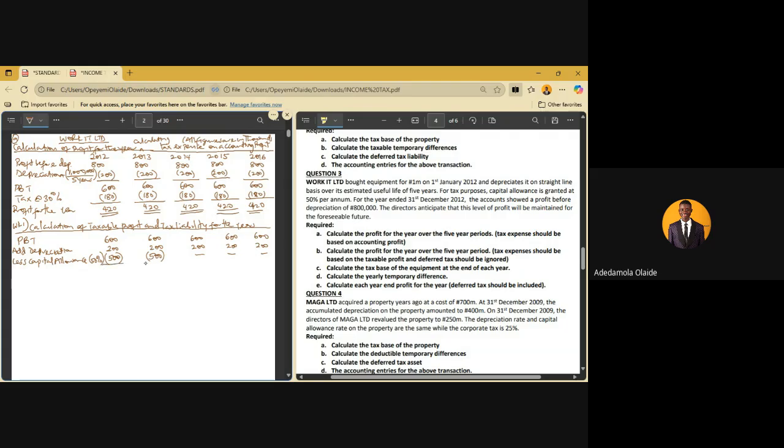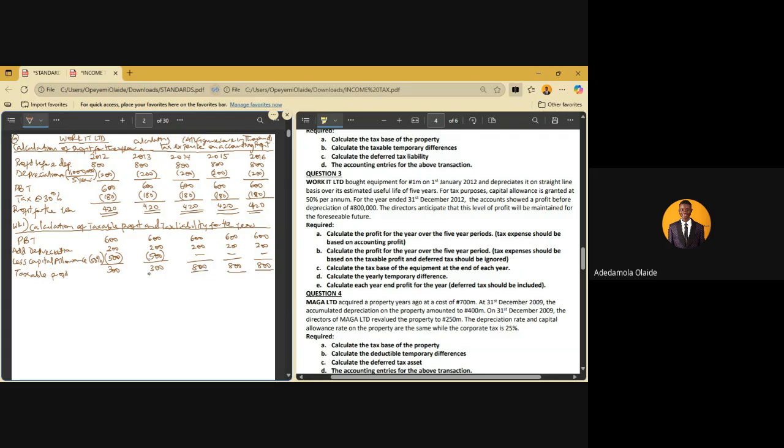So based on this, the taxable profit will be 300, 300, 800, 800, 800.